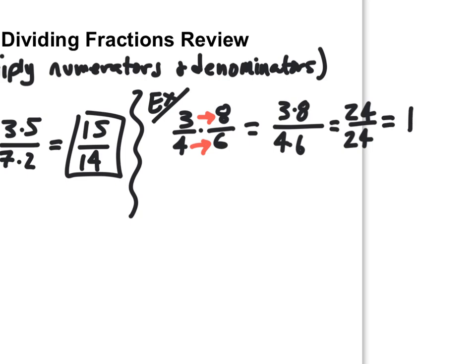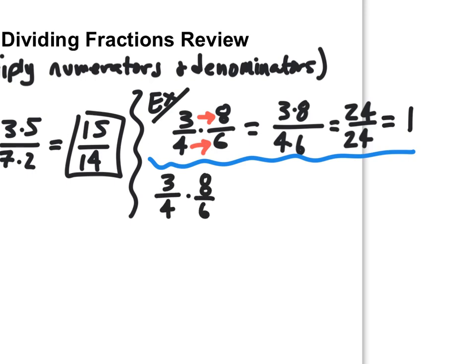Now if I do this problem another way, let me do 3/4 times 8 over 6. If I look at 4 and 8 together, those numbers simplify.